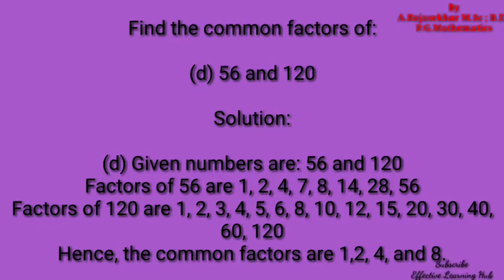Next, factors of 120 are 1, 2, 3, 4, 5, 6, 8, 10, 12, 15, 20, 30, 40, 60, 120. So, hence the common factors are 1, 2, 4 and 8.